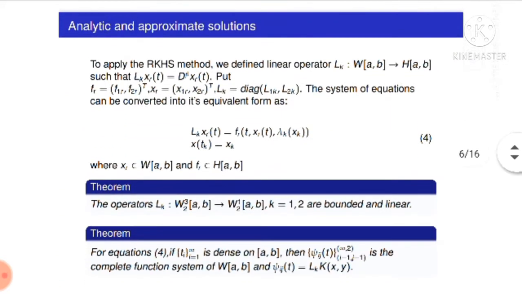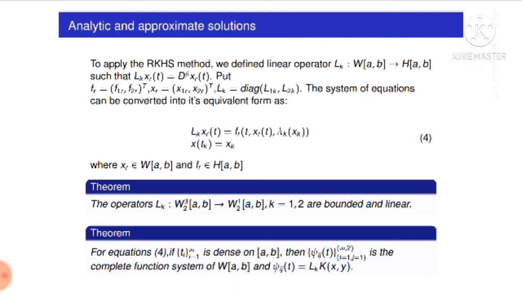Important theorem, analytic and approximate solution. To apply the reproducing kernel Hilbert space method, we define linear operator L k from W to H, such that L k x r of t equal to d beta x r of t.